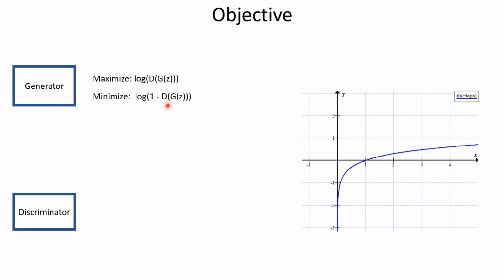On the other hand, the discriminator's goal is to maximize the probability of correctly identifying real data and simultaneously maximize the probability of correctly detecting generated or fake data.